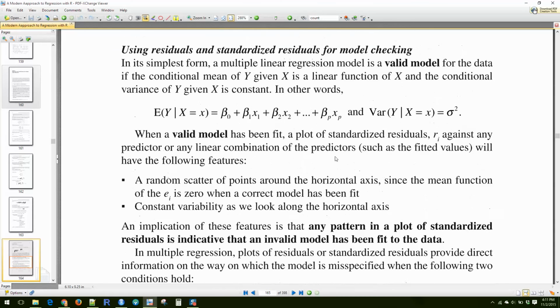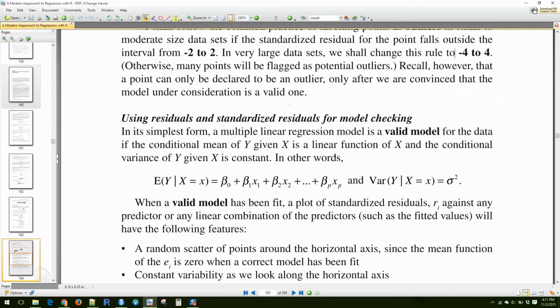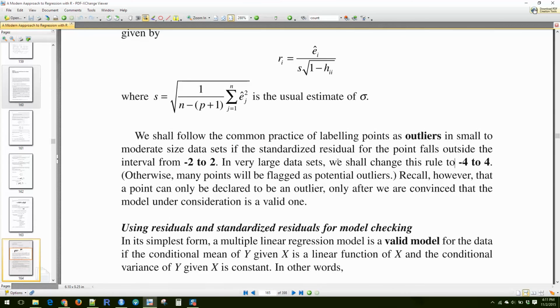The key difference between the standardized residual plots of simple linear regression and multiple linear regression is that in simple linear regression, if you saw a pattern in your residual plot, it could give you an idea of what was deficient in your model.